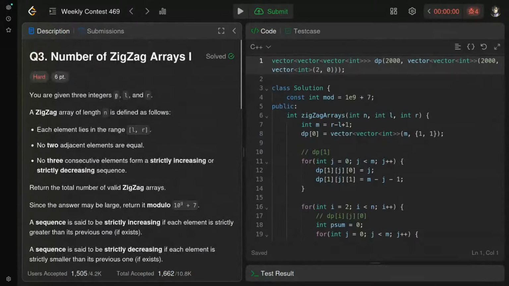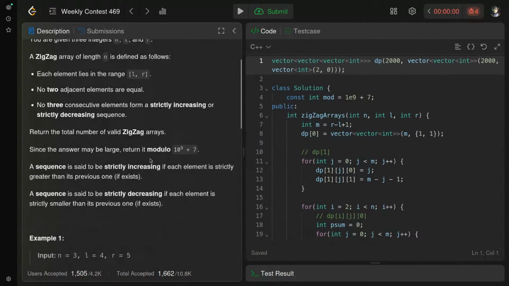You're given three integers n, l, and r. A zigzag array is defined as follows. Each element lies in the range L to R. No two adjacent elements are equal. No three consecutive elements form a strictly increasing or strictly decreasing sequence. Return the total number of valid zigzag arrays. Since the answer may be large, return it mod 10 to the power 9 plus 7.